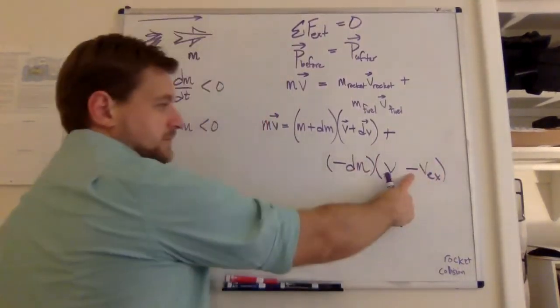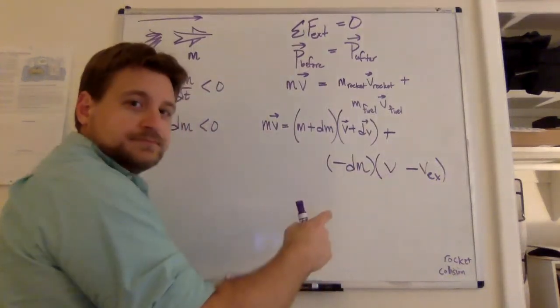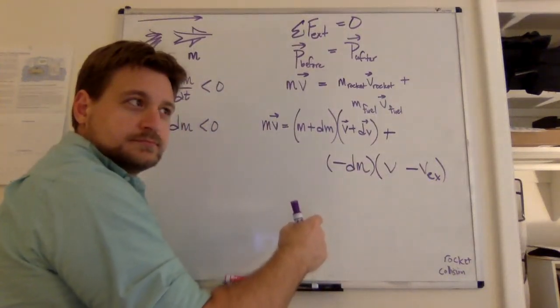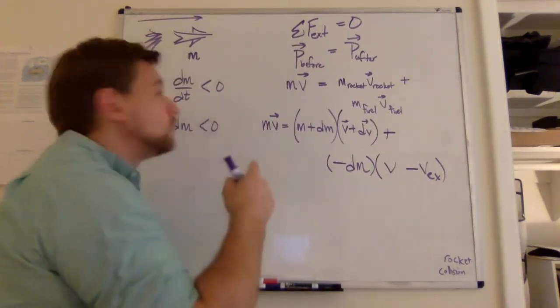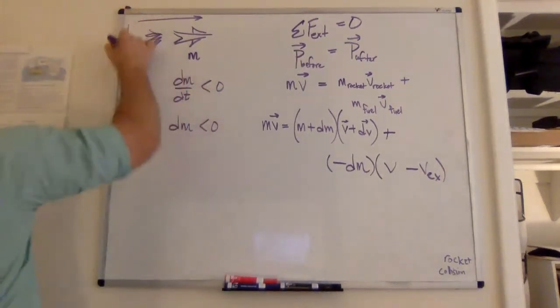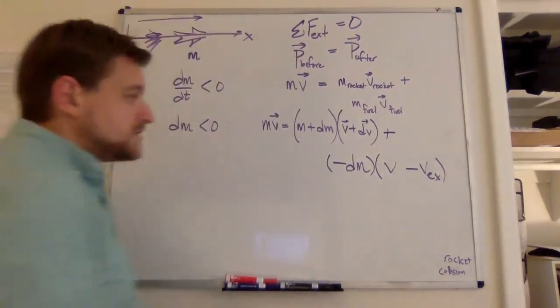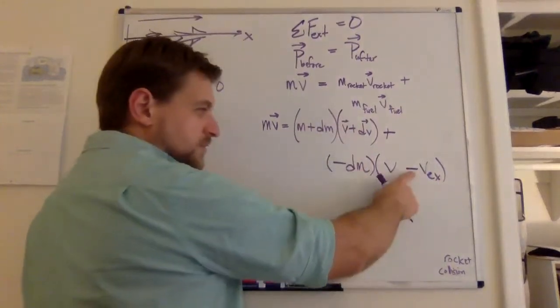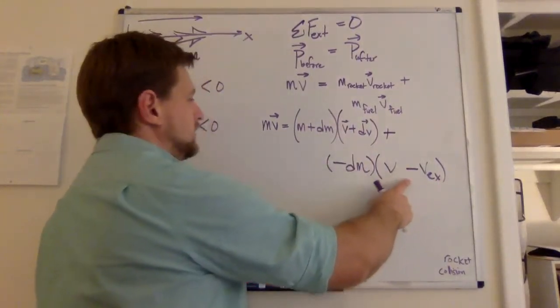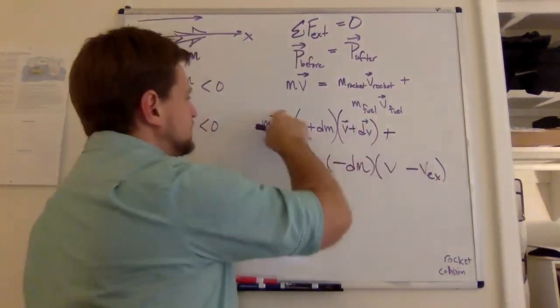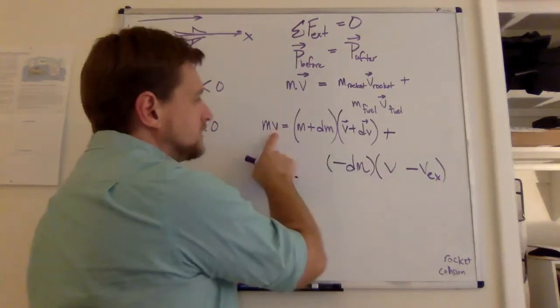This minus sign is directional, and we're talking about a one-dimensional problem. So now that we've handled the direction here, I'm going to work my way backwards. It was going to the right.